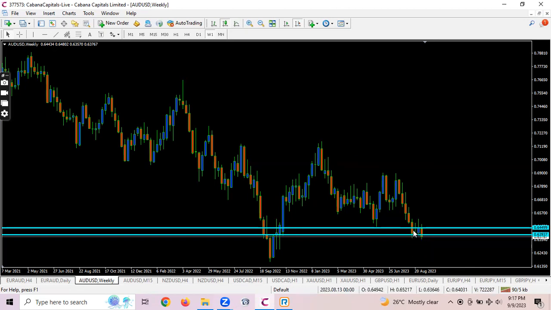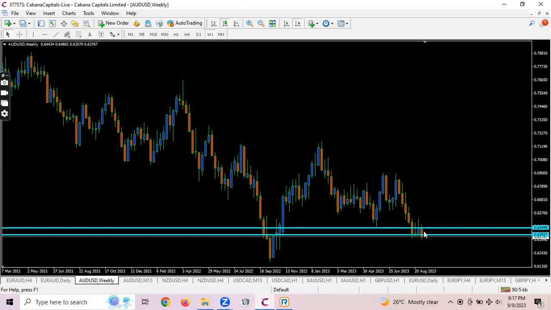So we can't just jump in and buy at the moment. The sellers are still in control, but I think we might see a change in trend anytime soon.